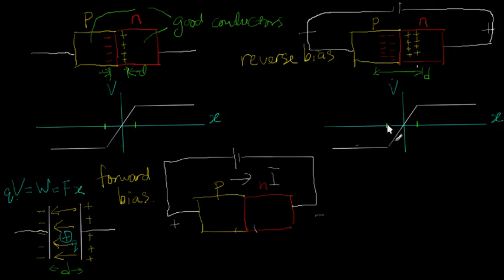So this means that the V, this region, this lobe here, this slanted line, which was from here to here at first, would now become wider. Right? It should now become wider.